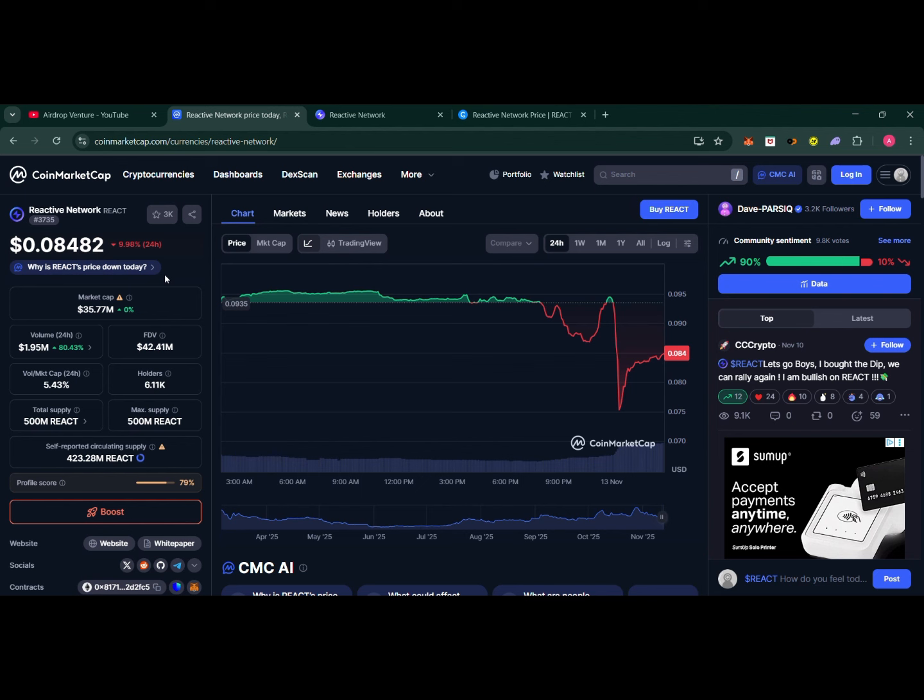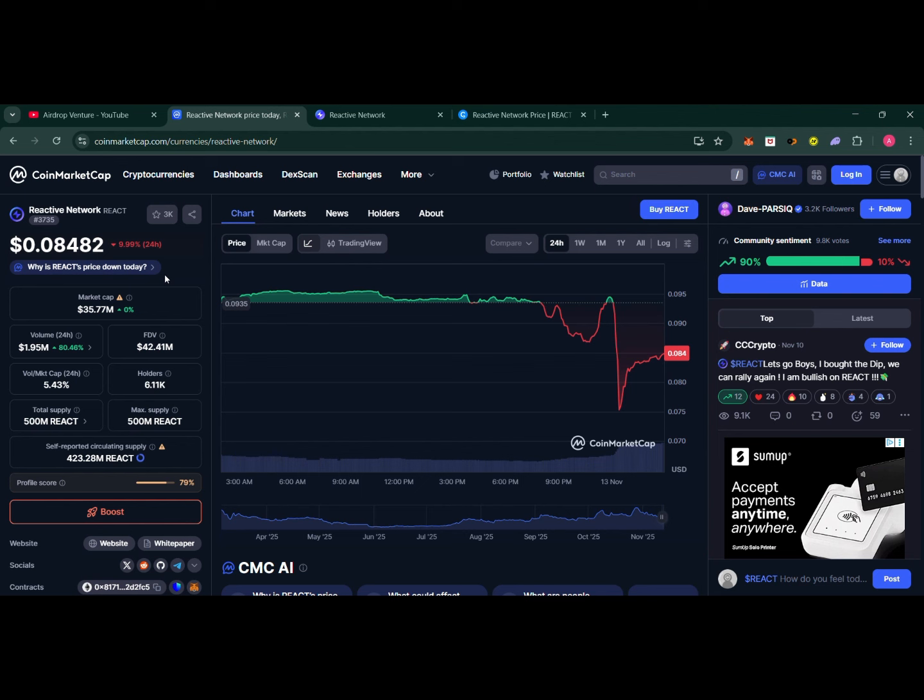The circulating supply is 423 million. So by this data, we know that the circulating supply relative to the total supply is tight for Reactive Network. Now, why do I say that?